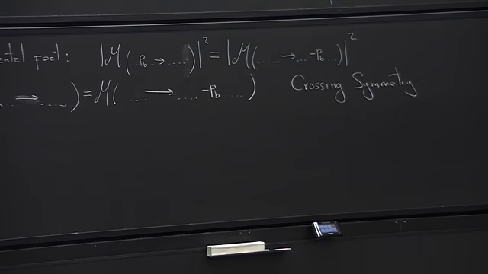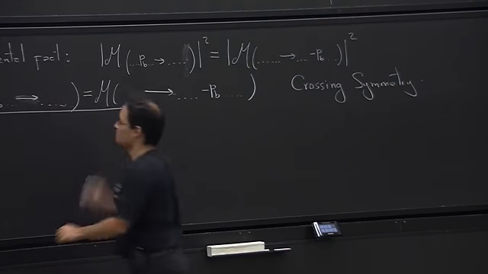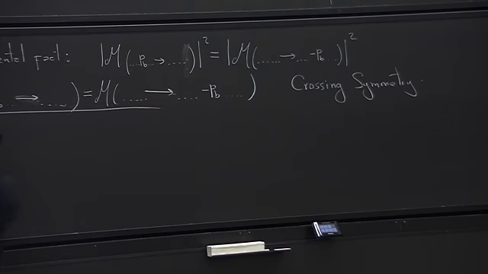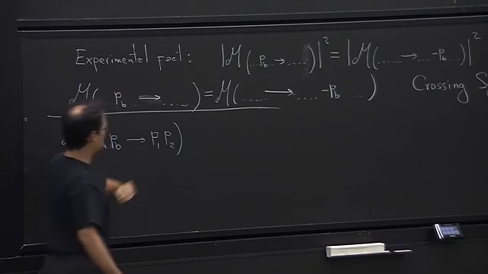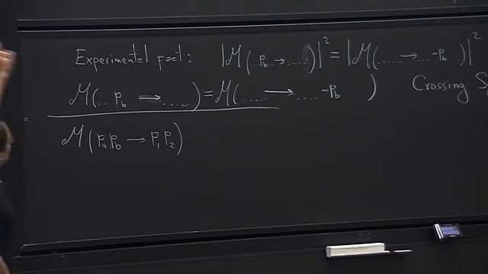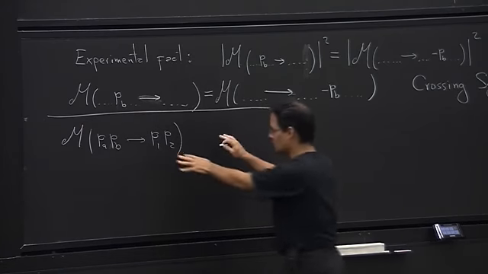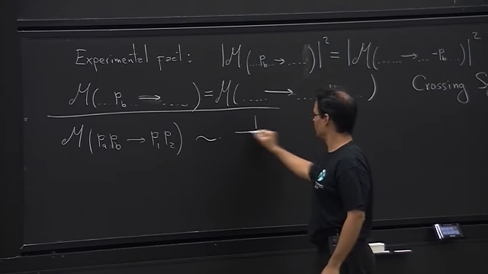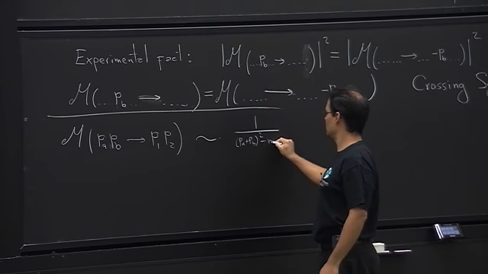Now, let's try to put it to the use and say, let's go back to our original experiment. We had PA, PB going to just two particles, P1 and P2, okay? From unitarity, we know that this rational function should have a pole of the form PA plus PB squared minus M squared.